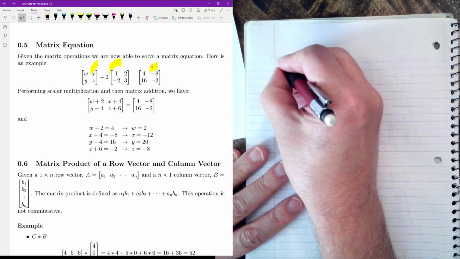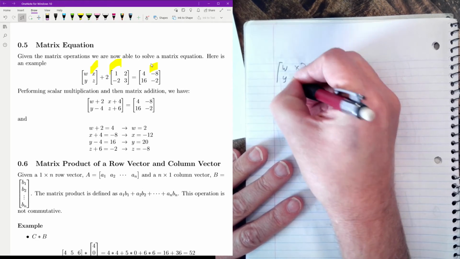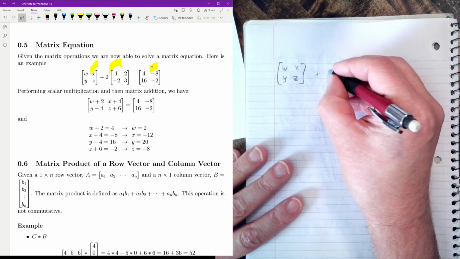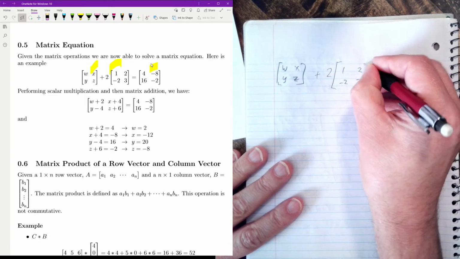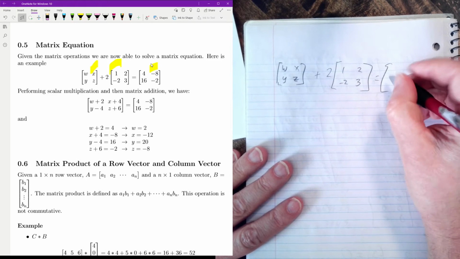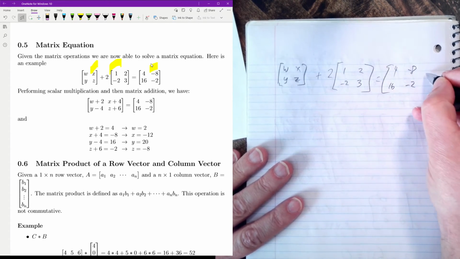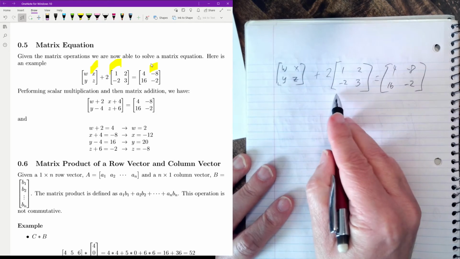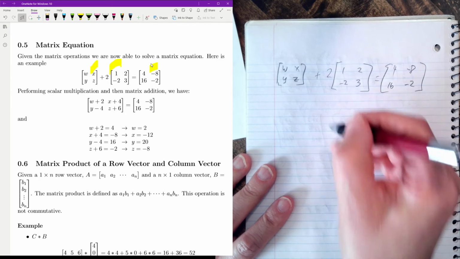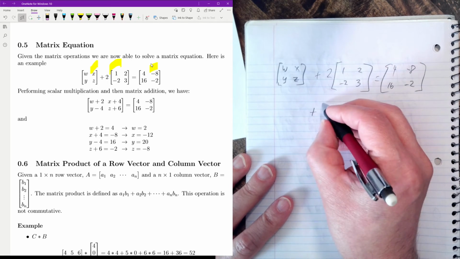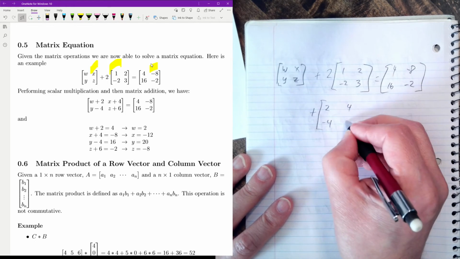So we have the matrix W, X, Y, Z plus 2 times the matrix 1, 2, minus 2, 3, equals 4, 16, minus 8, minus 2. The first thing I'm going to do is multiply through by the scalar. It's the easiest operation to do. So I'm going to do 2, 4, minus 4, 6.